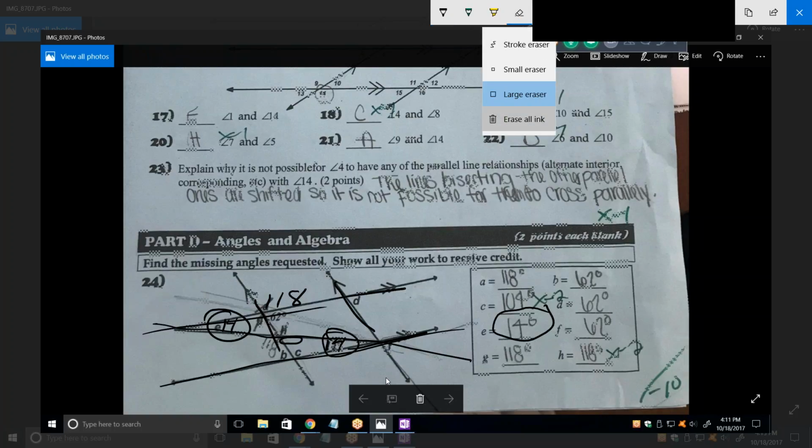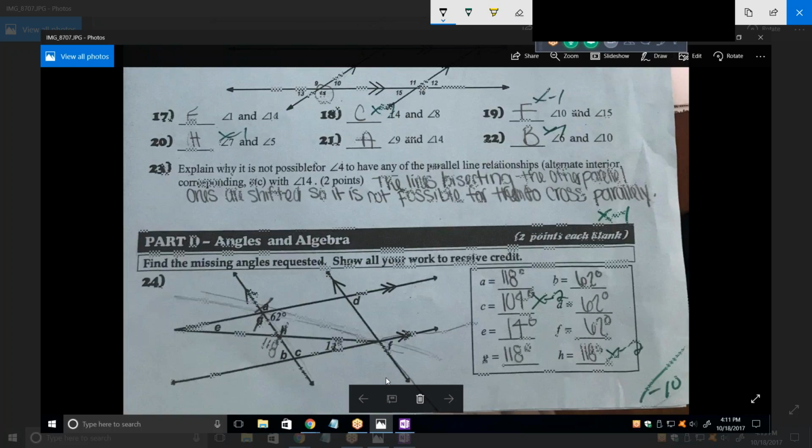Here, let me erase some of this. The only ones you missed were C and H. So let's see if we can figure out what C is. Would C be 62? Yeah, based on that picture only. In other words, the secret on these parallel lines and transversals is often eliminating the lines that you don't want to look at.